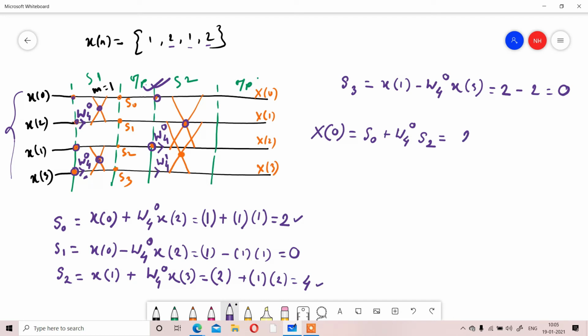So 2 plus W40 value is 1 into 4, it will be 6.